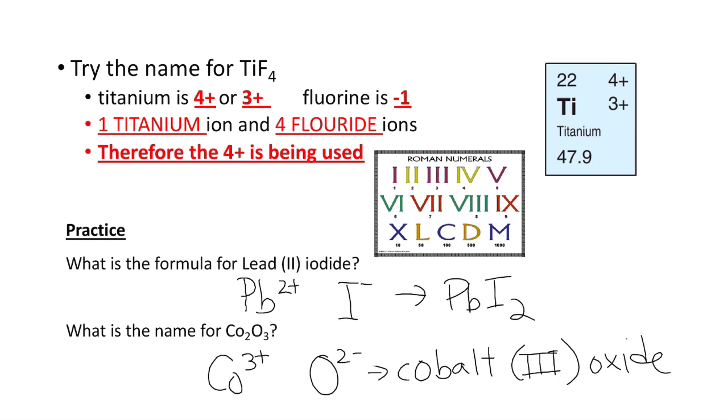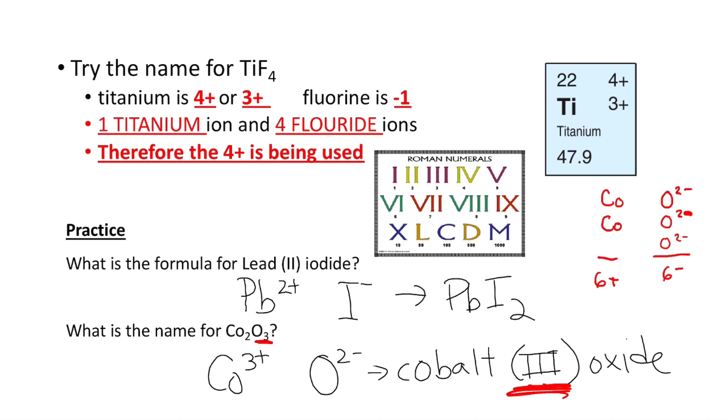For our oxygen, we have 3 of them: O2-, O2-, O2-, giving us an overall 6- charge. And each of our cobalts has a 3+ charge, and we have 2 of them. So that will give us our 6+ value. So this tells us that we are working with cobalt 3 oxide.